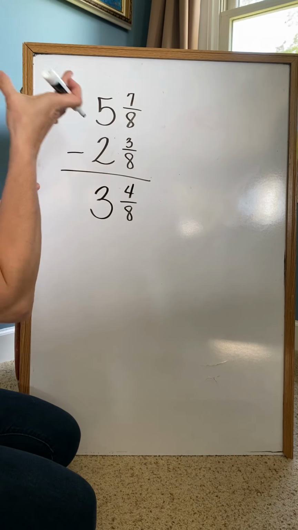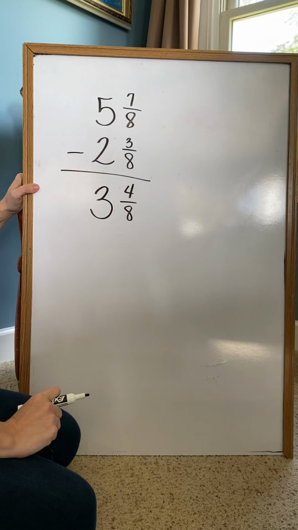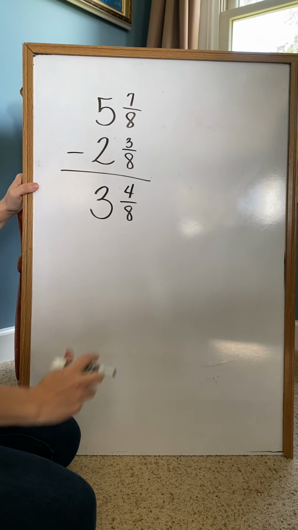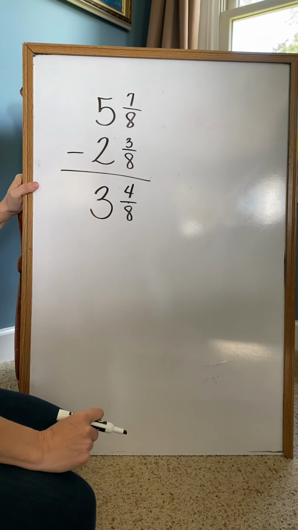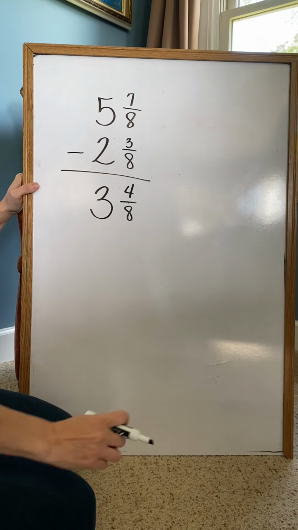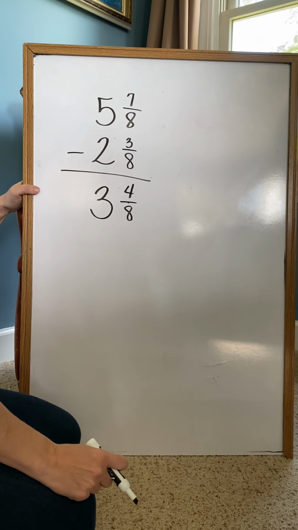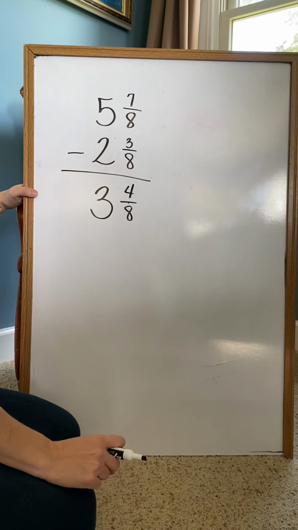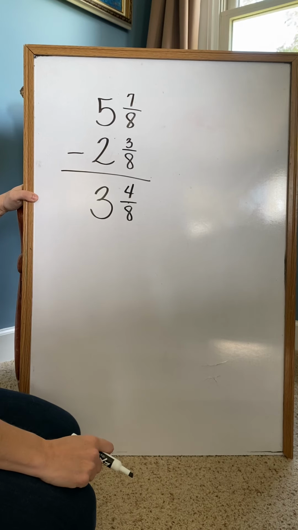So one final thing, when you think you are done with your problem and you have an answer, always check the fractional part. You know, with that first example I did, we had ended up with 3/3, and we realized that we need to simplify that to be 1 whole and add it to our other whole number. For this one, you probably need to ask yourself, can this be reduced?